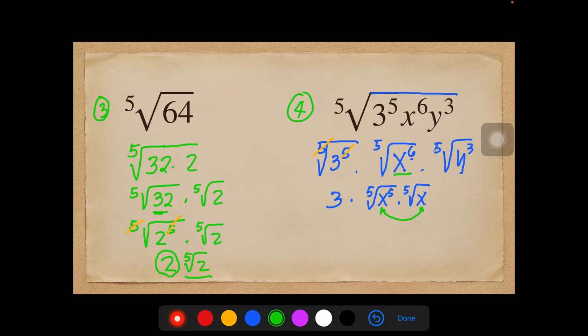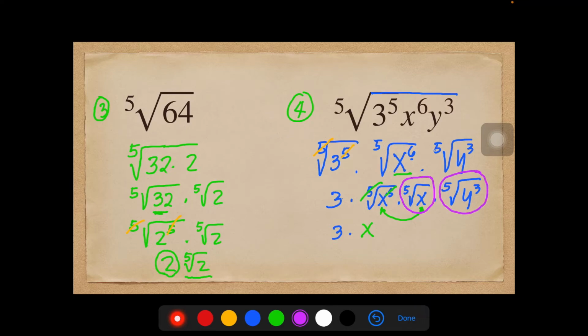And then for the other factor, let's not forget to include still the fifth root of y cubed. So this is again 3 times, we will cancel that, so this is x. And then this one is, take note, already the simplest form, and also this one.